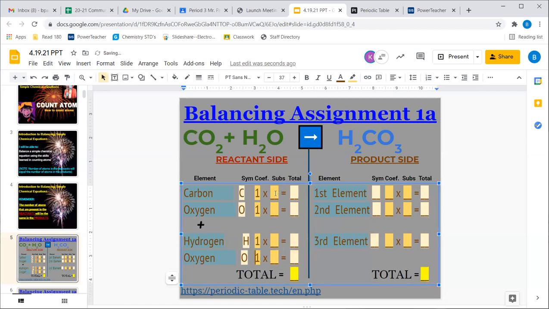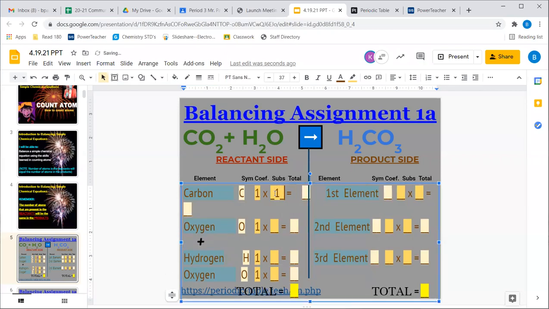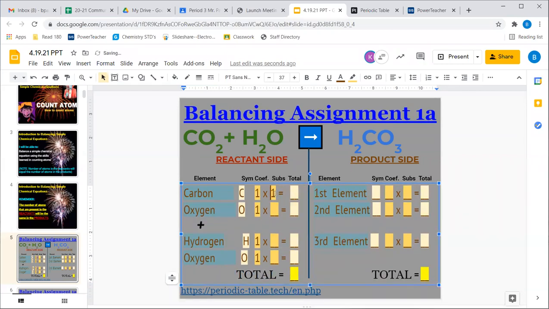Now, let's assign our subscripts. What do we got going on here? You tell me. Start all the way at the beginning, at carbon again. Oxygen? 2, 2, 2.